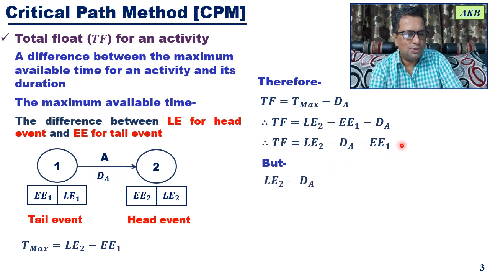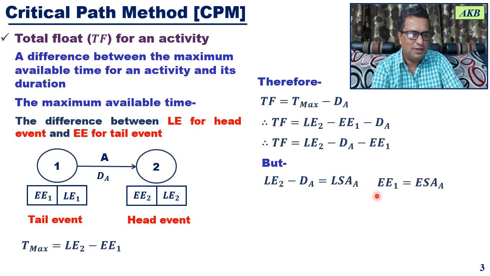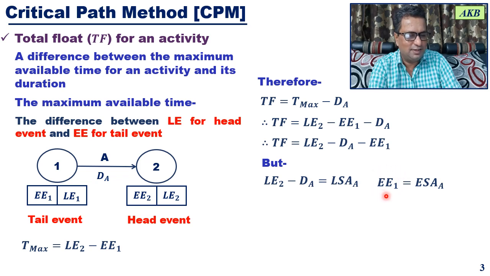Now why am I doing this? Because I know LE2 minus dA, that is latest event time for head event minus activity duration, is nothing but latest start time for that activity. For this example, LE2 minus dA will give you latest start time for activity A. And you also know that earliest event time for the tail event, that is event 1, is nothing but the earliest start time for that activity.